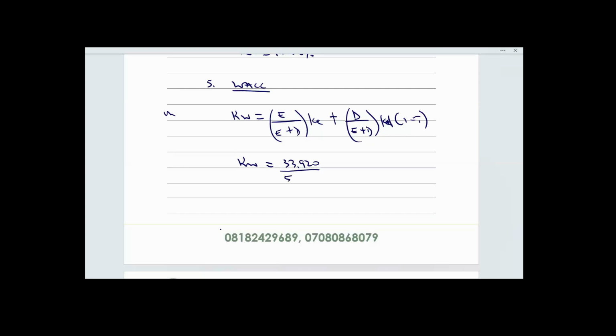Total value is 51,320. Cost of equity we just calculated is 18.38%. From the left, then from the right. Debt value is 17,400 divided by total value of 51,320, multiplied by KD of 9.5%, multiplied by 0.65 after tax.